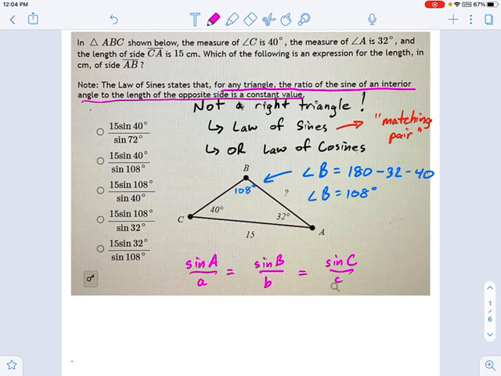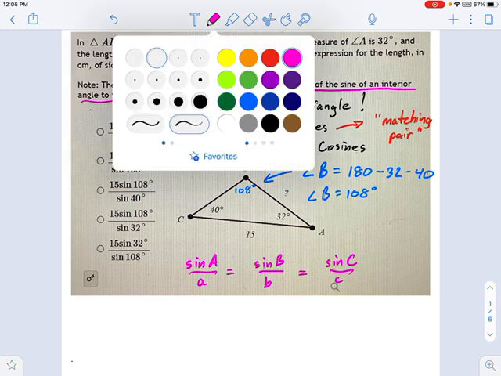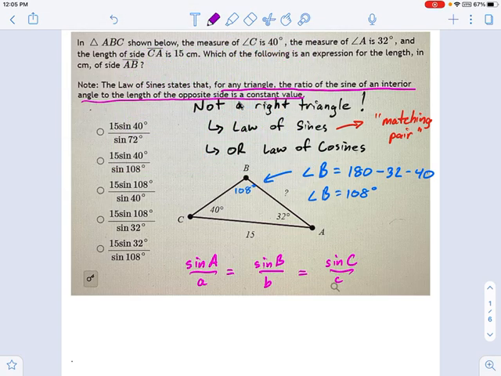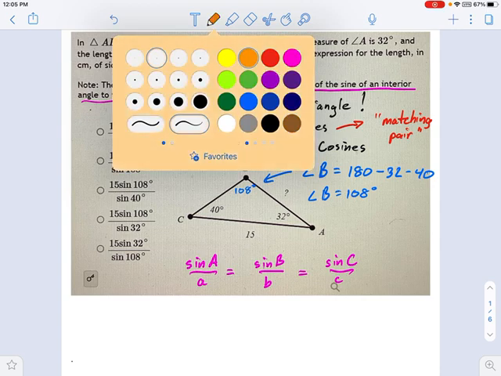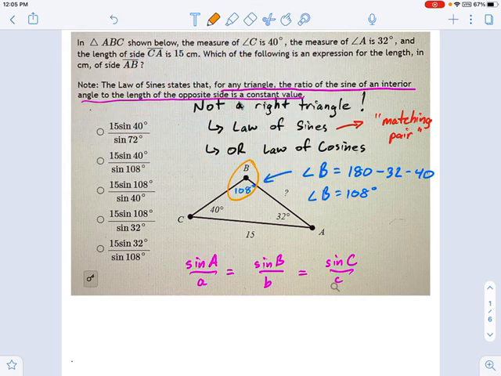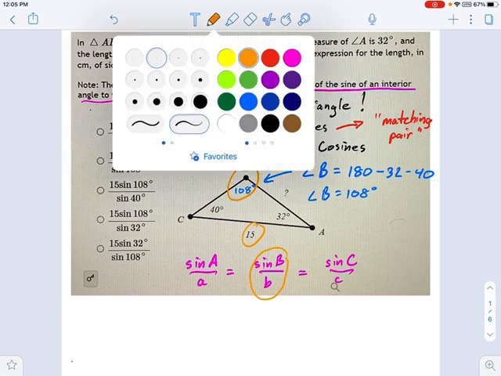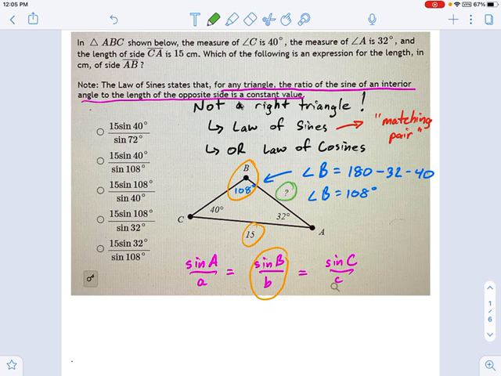So we're now going to use this to solve our triangle right here. Well, I know angle B. Let's talk about the things I know. I know angle B, and I know side b. So I know I'm going to want to use this portion of the formula. And what do I want? I want side c, and I have angle C. So I'm going to focus on this portion of the formula over here.